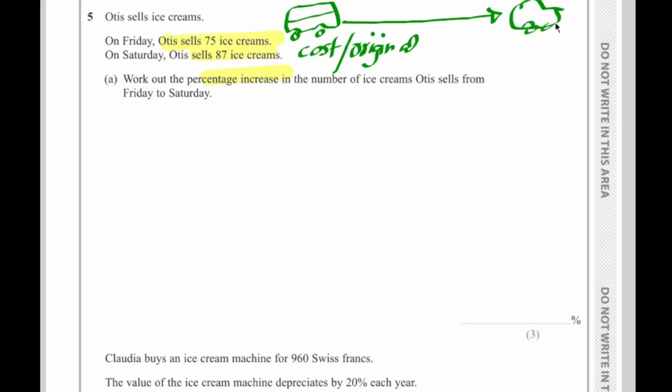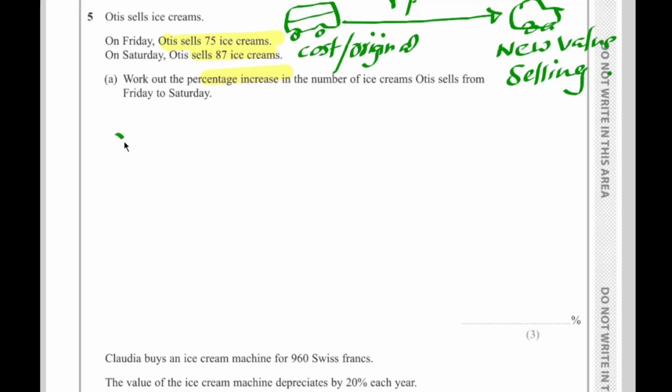So after you bought it, we call it new value or the selling price. In between, the moment that it gets decreased or increased, we call it change. So that one will be R percent.